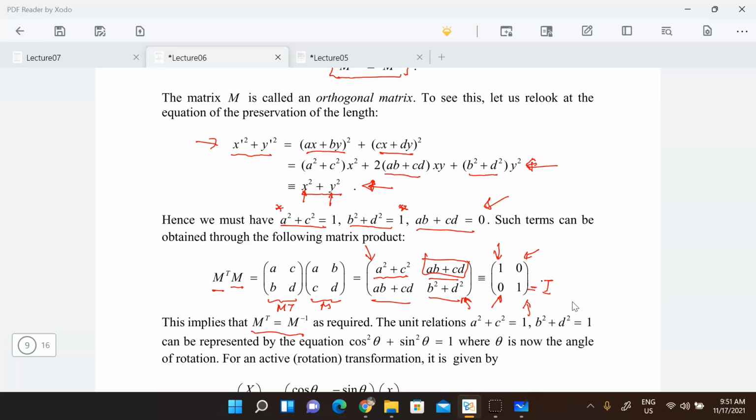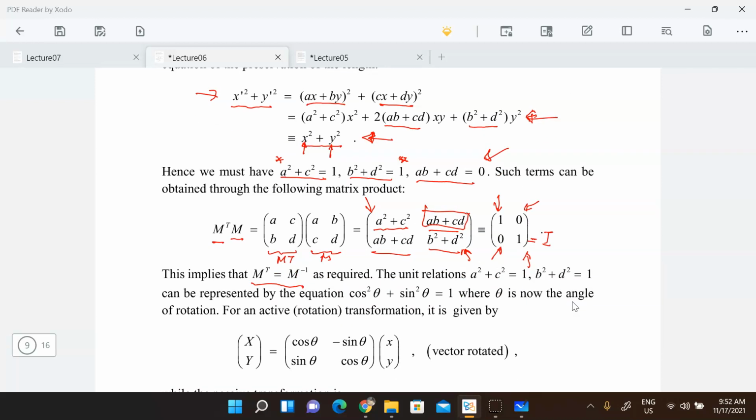That's great. So we have learned something new: if you have M transpose times M equals I, it corresponds to some kind of coordinate axis rotation. Can you make this a little more quantitative? If you look at the relationships of A and C, and B and D, the sum of the squares must equal 1.